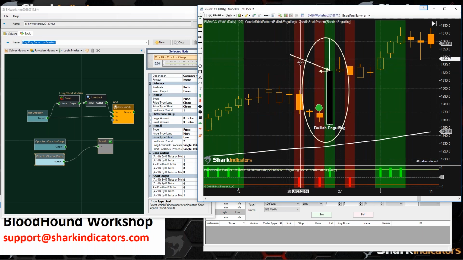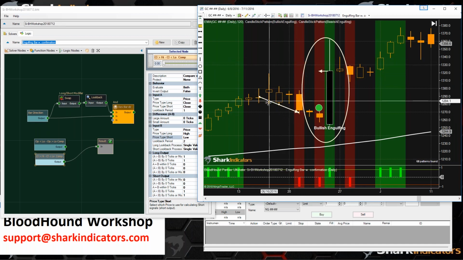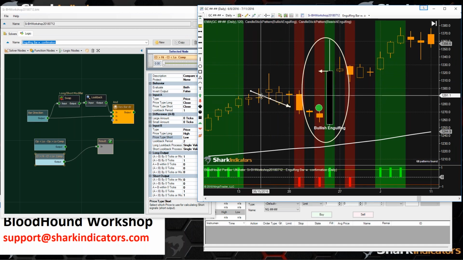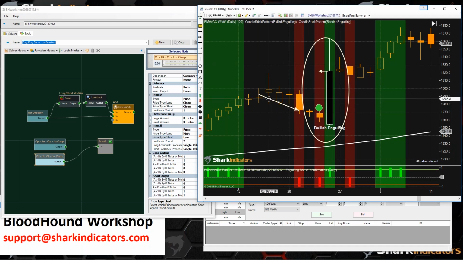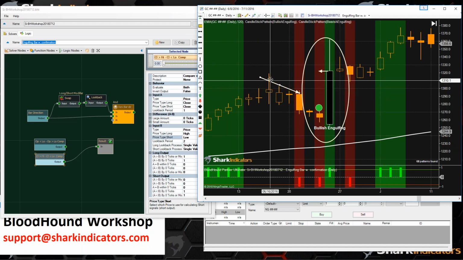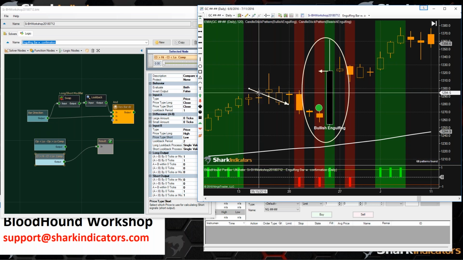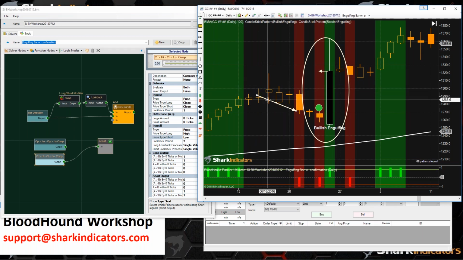So we have a long output on our engulfing bar here, because the close is greater than the high. Let's take a look at this short output. If this was an engulfing, the close of the bar is less than the low of the previous bar for that short.